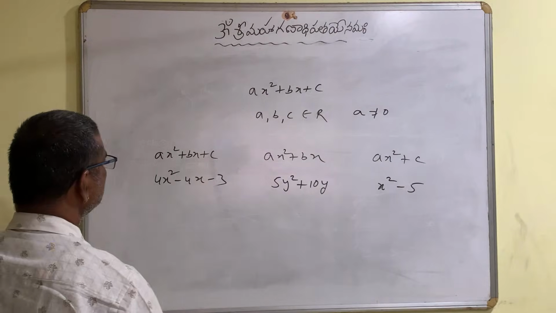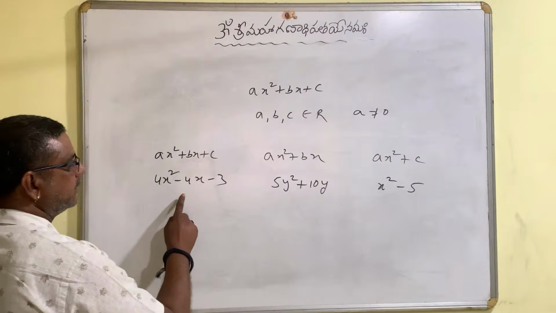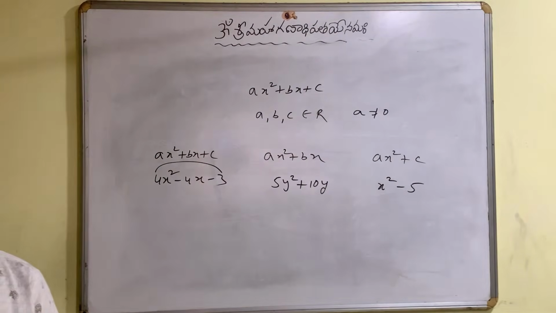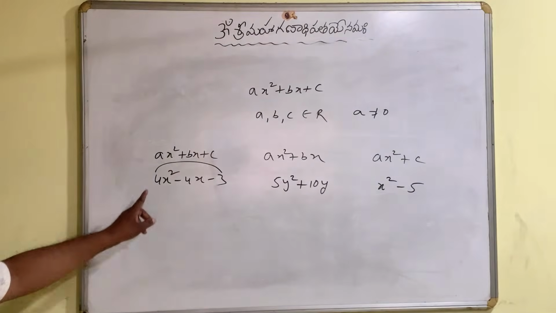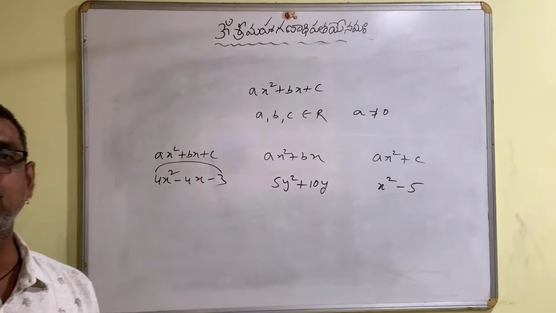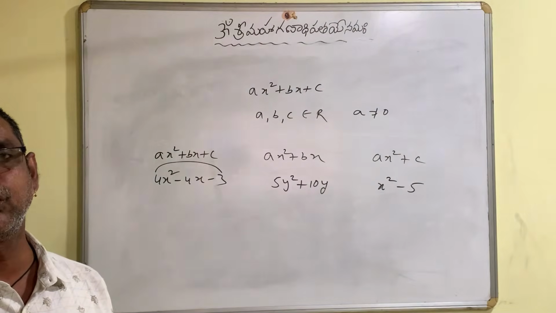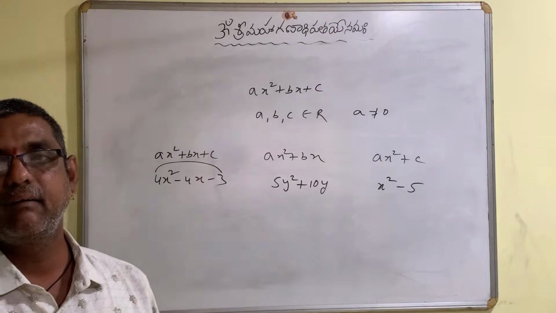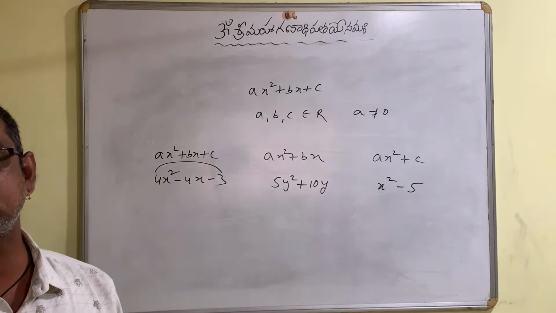Now, for this one, 4 into negative 3, it is negative 12. So we need to search for two numbers whose product is negative 12 and sum is minus 4. Okay na?